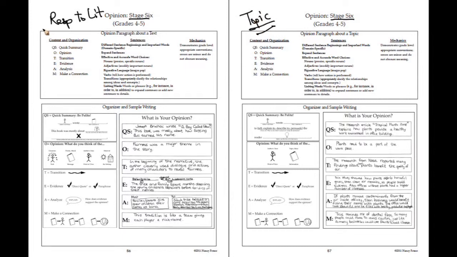So we have our descriptors of what should be in the content and organization of a response to literature, the opinion about a story, the sentences, and the mechanics. Over on page 57, we have our content, organization, sentences, mechanics, but this is for a topic, more for information. Down below, we have our organizers and our sample of writing. So there we have our stage 6.